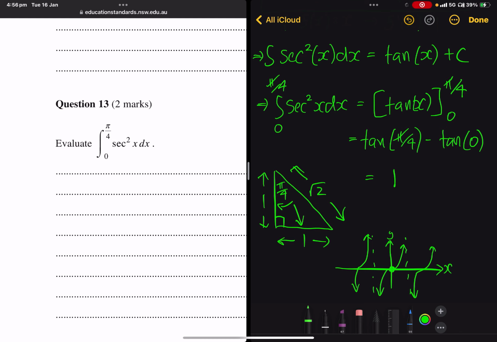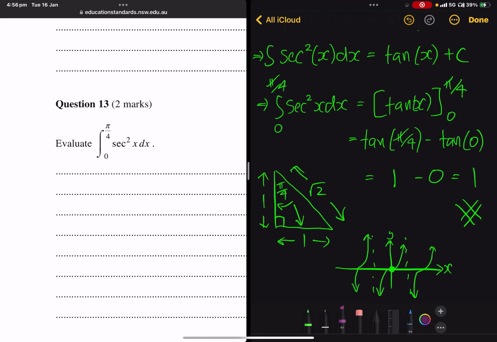It passes through the origin. Because it passes through the origin, this means tan of x, where x is 0, is 0, because it passes through the point 0, 0. So tan of 0 actually is just equal to 0. So 1 minus 0, it's 1. And 1 is the exact evaluation of this integral.